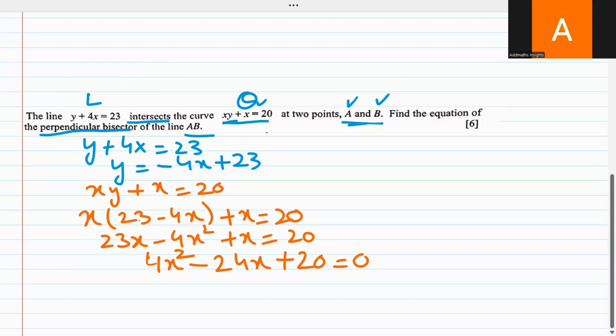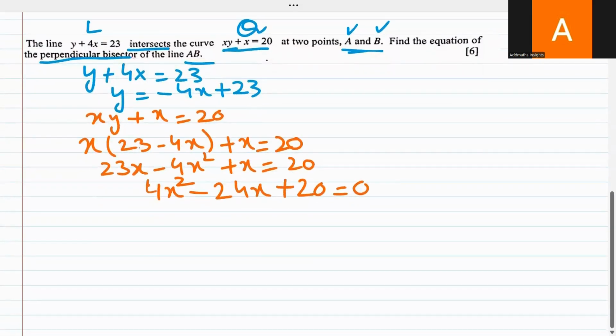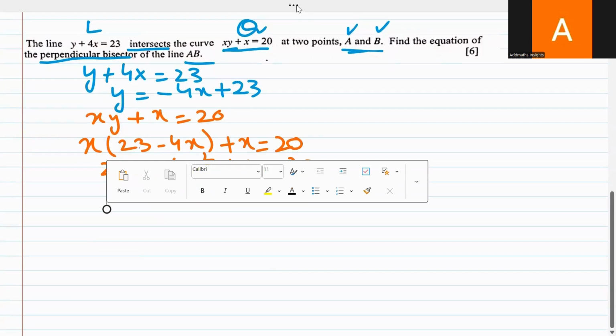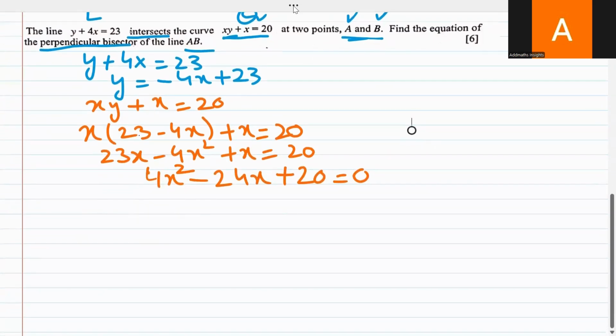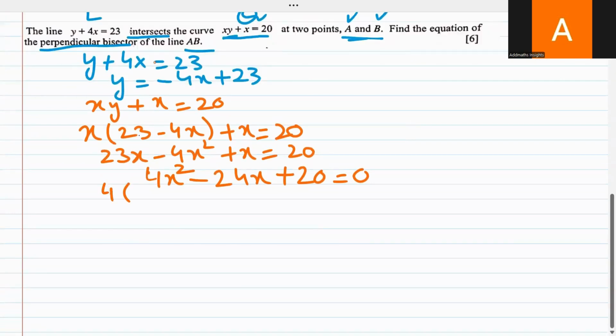Now you can use any method to find the values of x. Here I'm using factorization. So first you can simplify by taking 4 as common. x squared minus 6x plus 5 is 0.